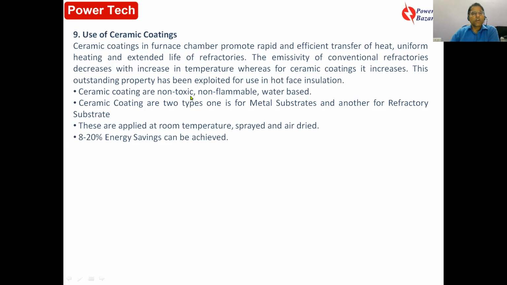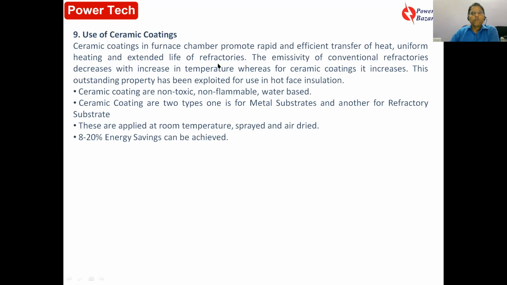Ceramic coatings are non-toxic, non-inflammable, and water-based. Now, this can be applied at room temperature, sprayed, or air dried. So whenever your furnace is down, under maintenance, under shutdown, or some breakdown work is going on, as a mechanical engineer or an energy professional, we can apply ceramic coating. It is some kind of painting.